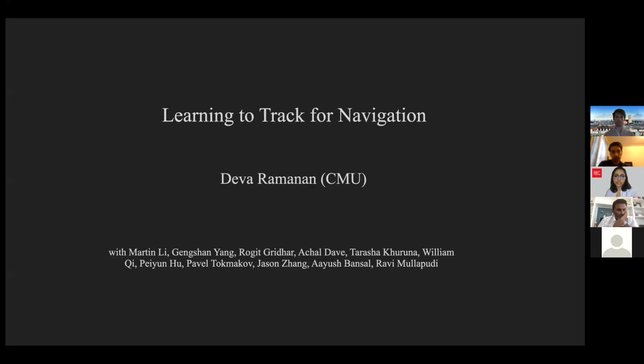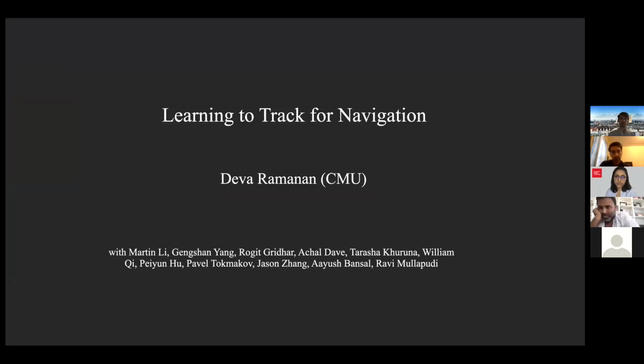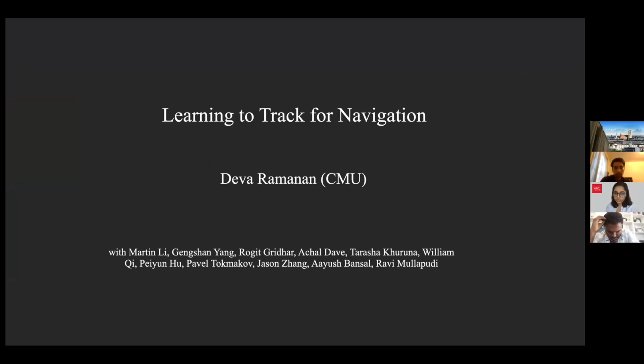For his fundamental contributions to computer vision in the last many years, Deva has been a recipient of over 8 awards, including the NSF Career Award, Pascal VOC Lifetime Achievement Prize, and the IEEE PAMI Young Researcher Award. Being associated with Argo AI as a principal scientist, Deva has long worked in autonomous vehicle research, which is one of the most prominent downstream applications of object tracking today. I'll hand over to Deva to hear his take on the role of tracking in autonomous driving.